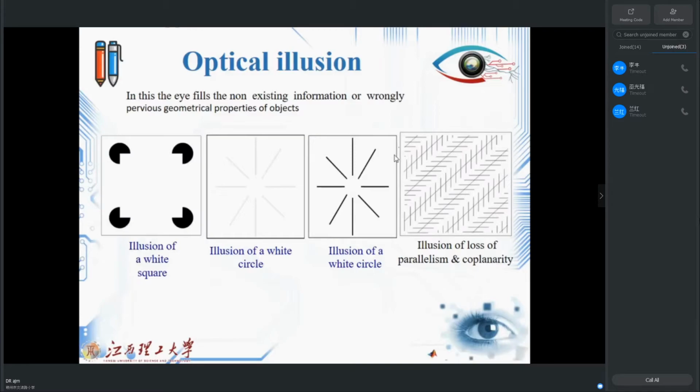And illusions of the laws of parallelism and other parts of the shape that you can see here, we have this illusion of the eye.